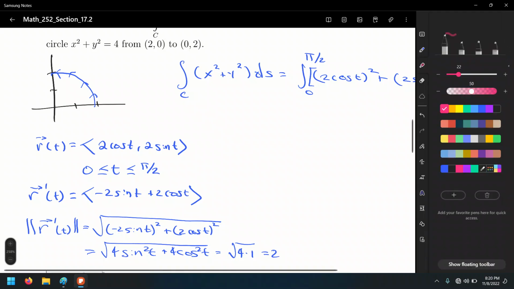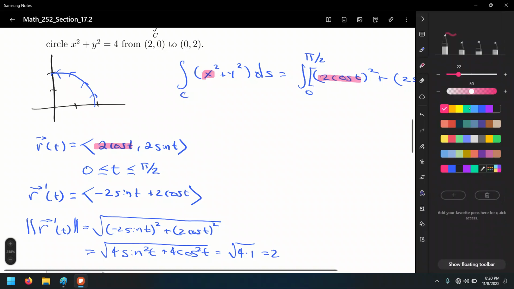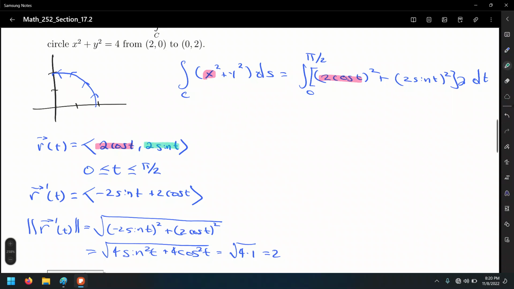Alright, again, let me highlight this. This x is right here, which is that one, and this y component 2 sine t, that's this y which is replaced with 2 sine t.